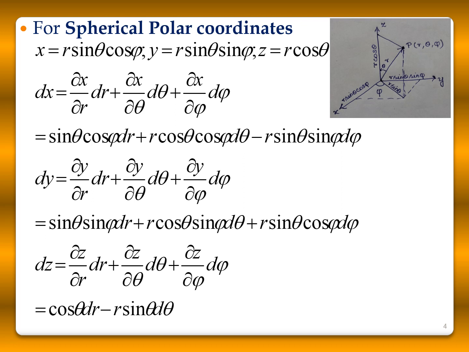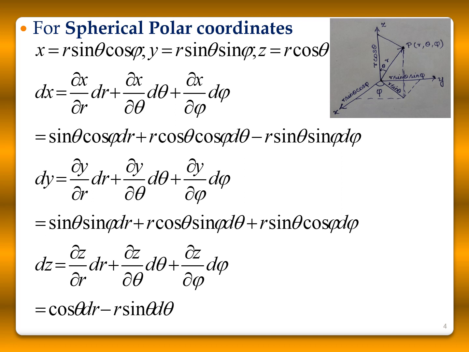Now we can differentiate this. If you want to find dx, it is a function of r theta phi, so you have to differentiate with respect to r, theta and phi. So dx is dou x by dou r into dr plus dou x by dou theta into d theta plus dou x by dou phi into d phi.